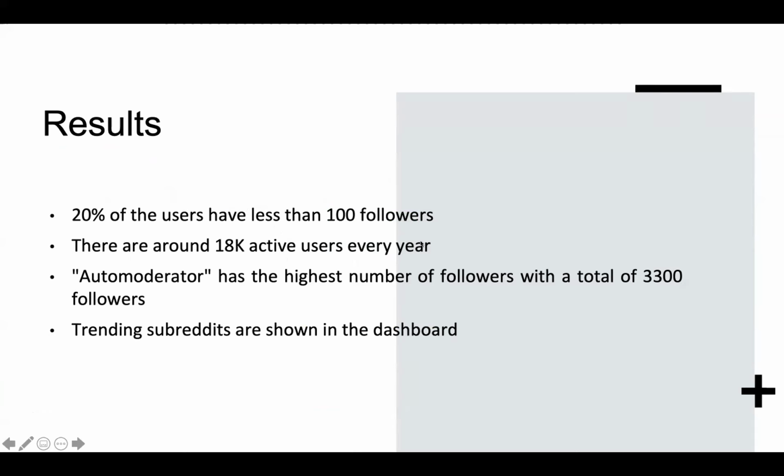Our third observation was that the username AutoModerator has the highest number of followers, around 3,300. And we were able to analyze the trending subreddits, which we saw in the dashboard.